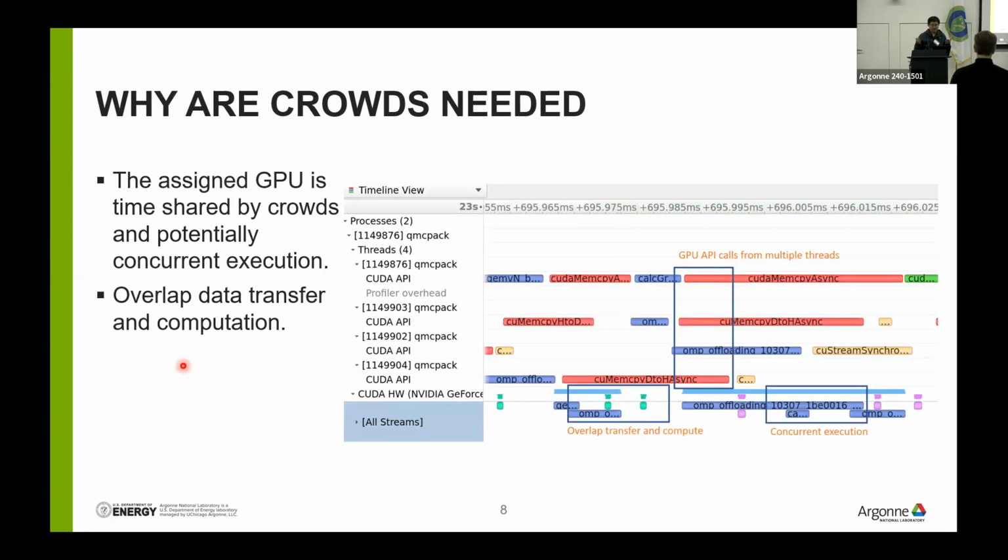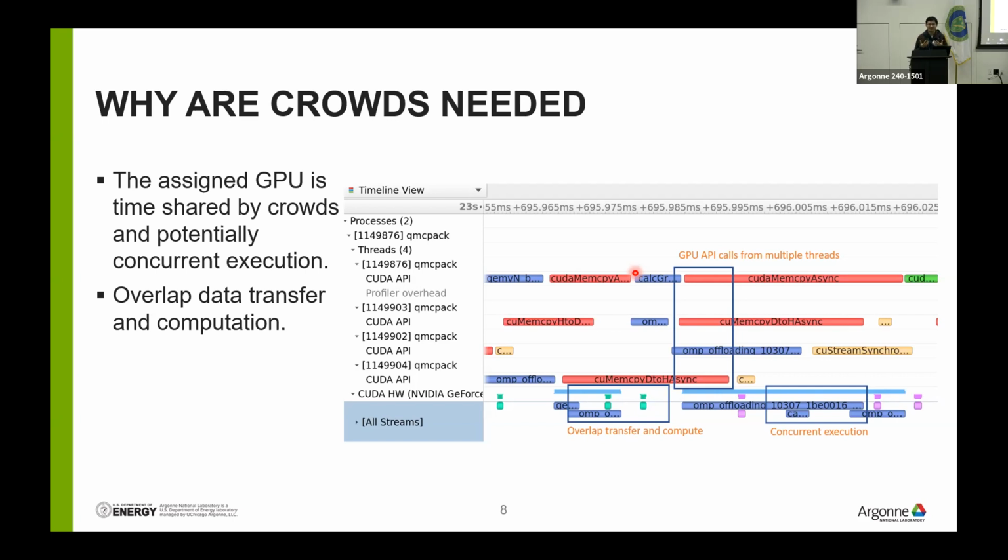This figure is more, if you're interested in the background, like how things are happening on the GPU. You've seen 4 OpenMP threads talking to the same GPU. You will see at different times, each thread is doing different things. Some of them are copying data to the GPU, some of them are doing computing. So there's a lot of overlapping.